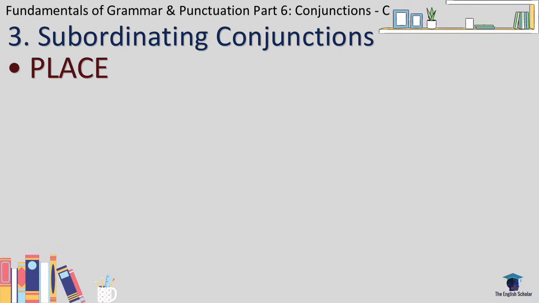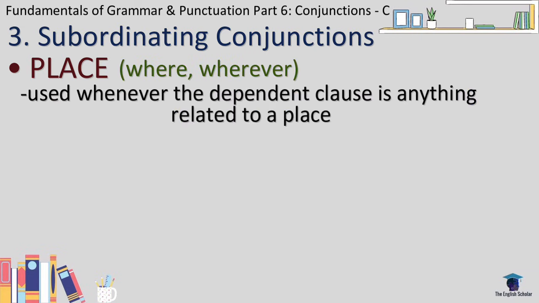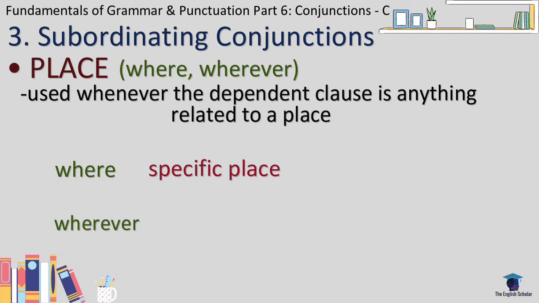Place. For place, we use where and wherever whenever the dependent clause is anything related to a place. It is important to note that the two are not interchangeable. We use where if the place talked about is somewhat specific, while we use wherever if we mean any place.